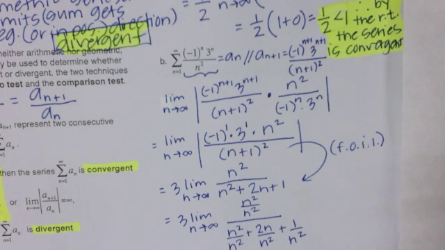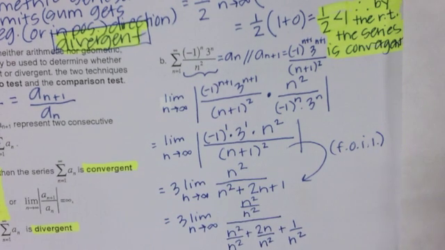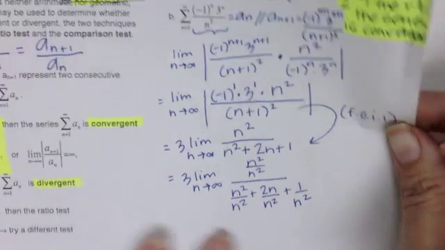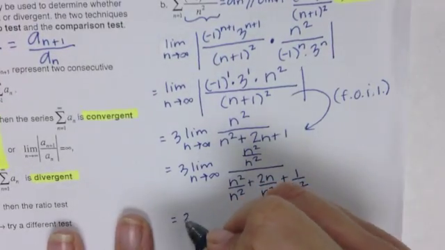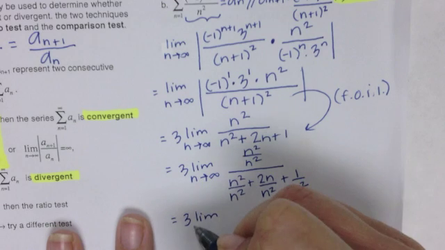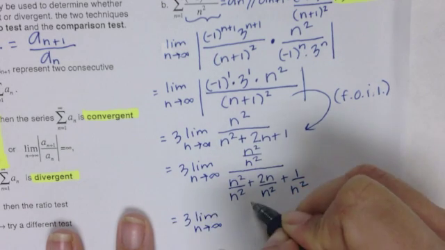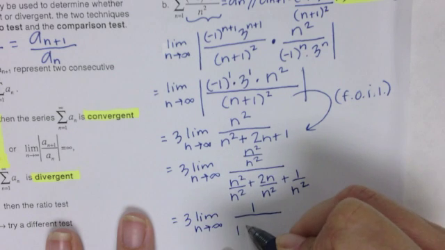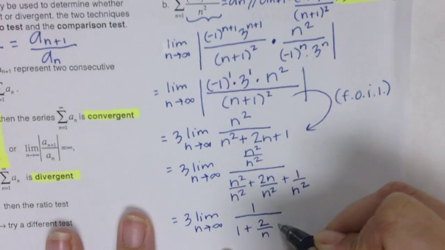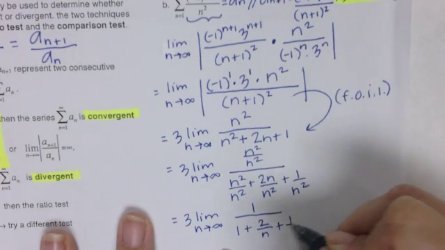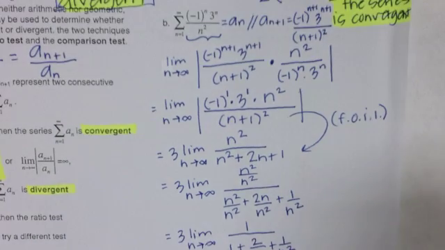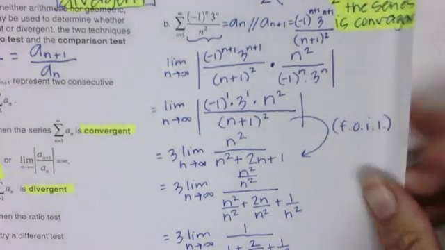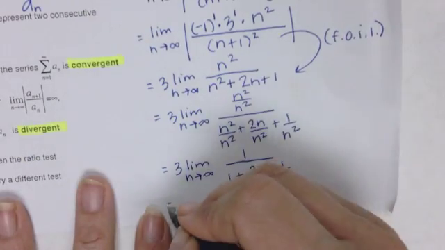And then I am going to go ahead and simplify all those fractions I just created. So I get 1. And that's right there.